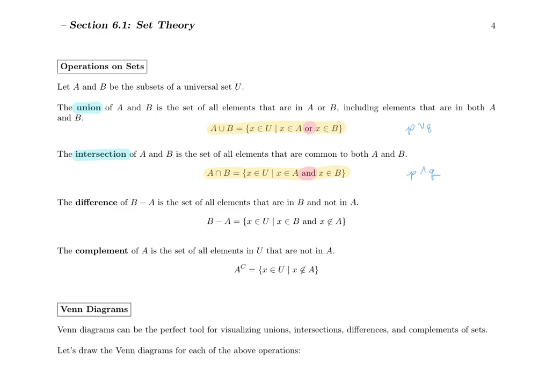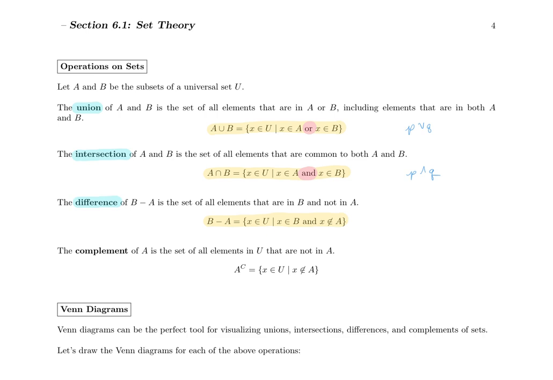Then we have something a little different, no pun intended, and that is the difference of B minus A, which is the set of all elements that are in B and not in A. So you remove from set B any element that is in set A. So it says that B minus A is the set of X, which are elements in the universal set, such that X is an element in B and X is not an element in A. There is not a logical equivalent for that one in terms of chapter 2.